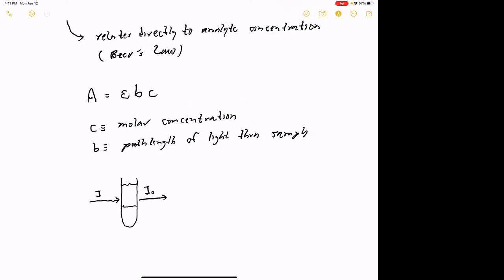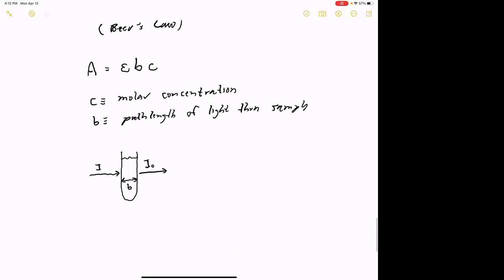This gap or distance that the light passes through inside the test tube is the path length. Okay. And you can see what happens. It kind of makes sense. If I used a fatter test tube, right, then the light has to go through a longer path length, doesn't it? And if the path length goes up, there's more molecules or atoms in there to do the absorbing. So it makes sense that the absorbance ought to be proportional to the path length.